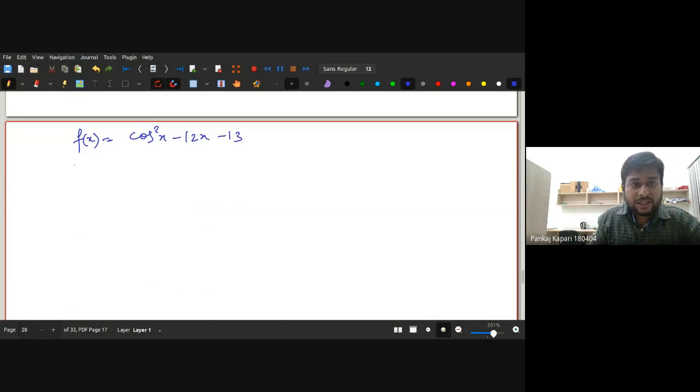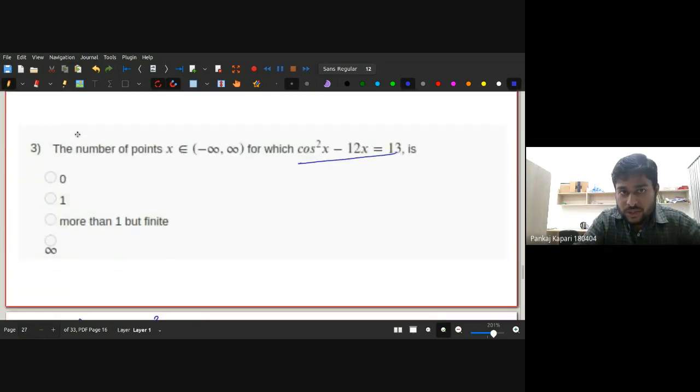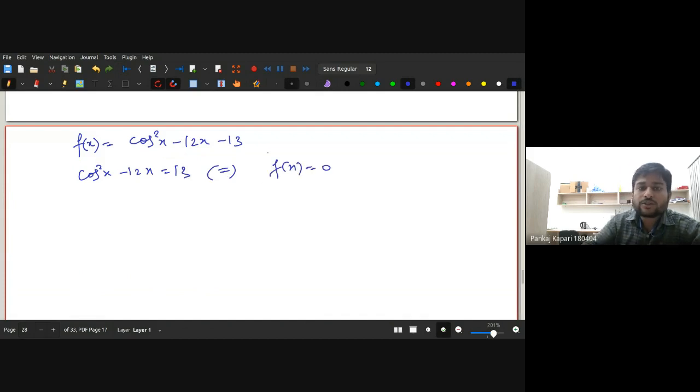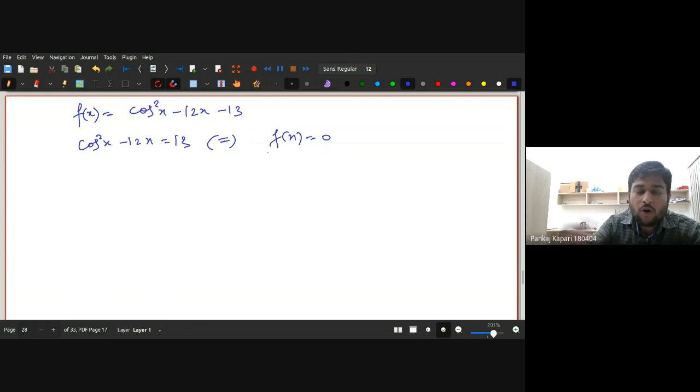So you can see that the equation gets satisfied at some point only if that point is a zero of this function. That is, cos square x minus 12x equal to 13 if and only if f(x) is 0. So we have to find out at how many points the function can become 0.